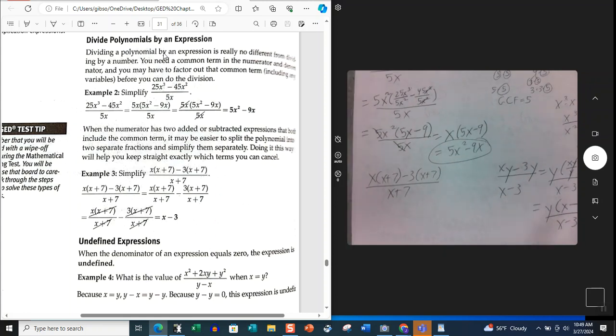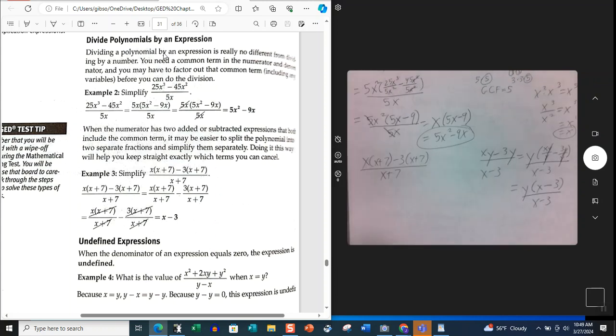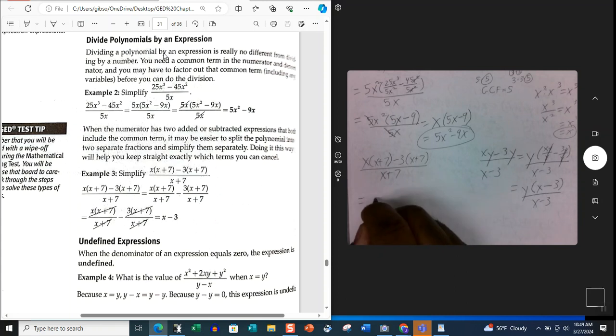Now, you notice here both of these had y. They were the exact same. And you see I pulled out the y. Aren't these two parentheses the exact same? So that means you will pull out this parenthesis, just like you pulled out the y here. So you will pull out x plus 7.